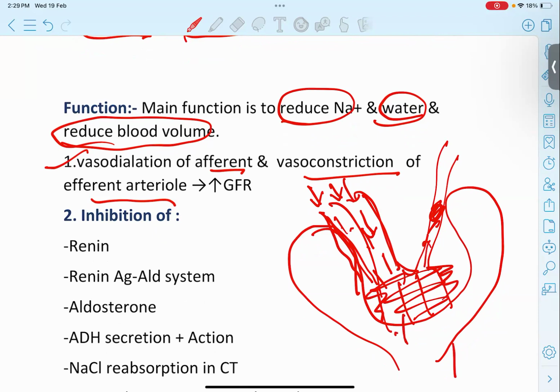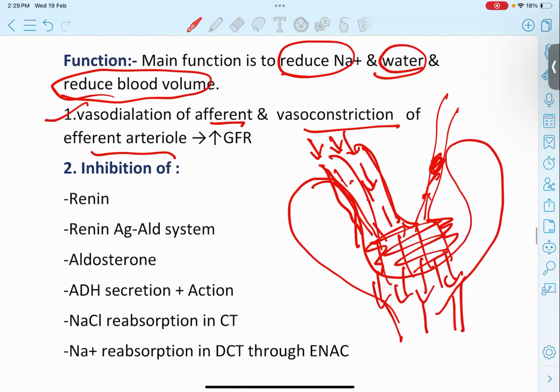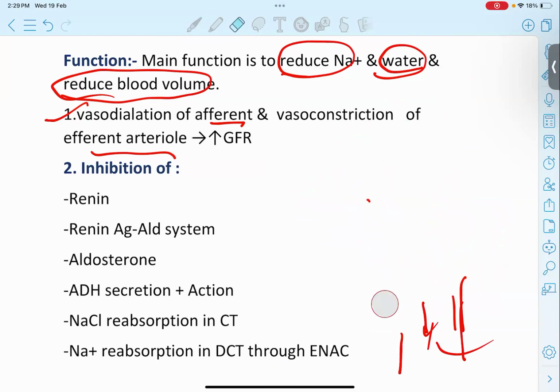Ultimately, they have only one way, that is to pass through the glomerular membrane into Bowman's space, and it will be excreted as urine, so that the volume is not coming back into the body. So this is the main aim for the ANP. These are the functions.